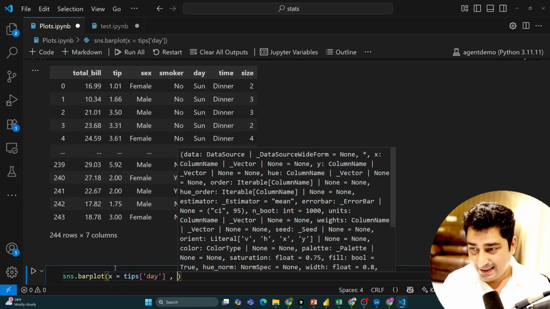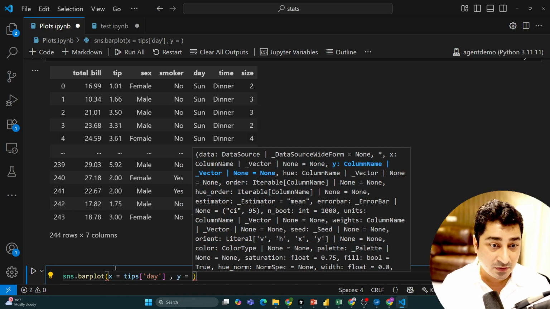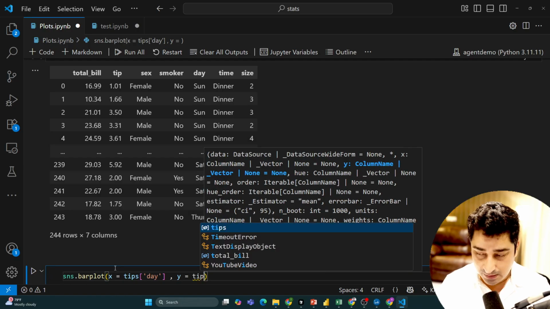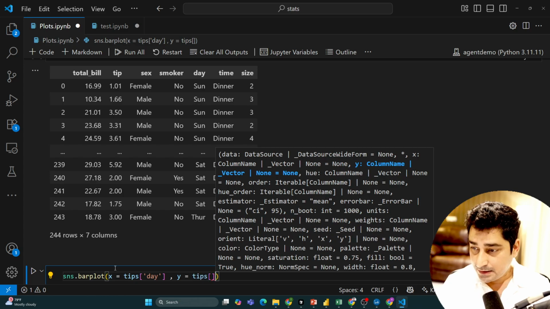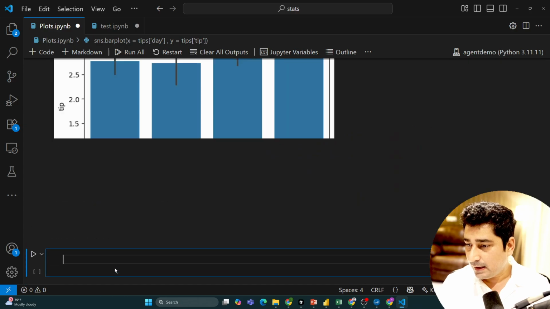This is going to be my x-axis. On the x-axis, the day I'm going to represent, and then on the y-axis I'm going to represent a magnitude, that is, what tips people were able to get. So here the y-axis is going to be tip, basically a tip value.